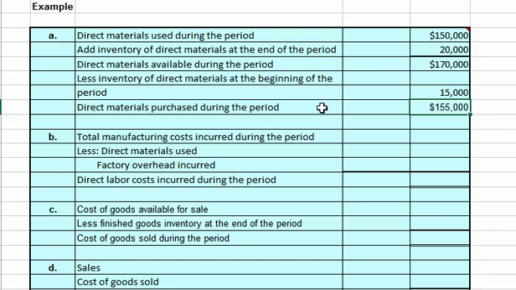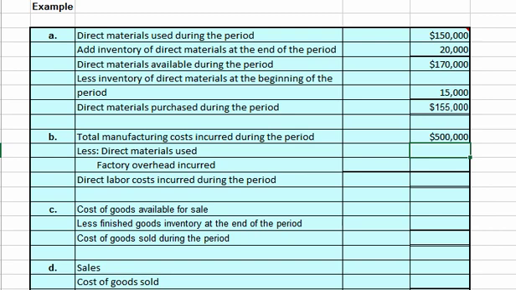On the B part, they want you to calculate direct labor cost, and they give you direct materials cost, or the cost of direct materials used, and factory overhead incurred. Well, this one's really easy. Your three manufacturing costs are direct materials, direct labor, and factory overhead. Well, if we know total manufacturing cost, say 500,000. We subtract direct materials used, which was given.